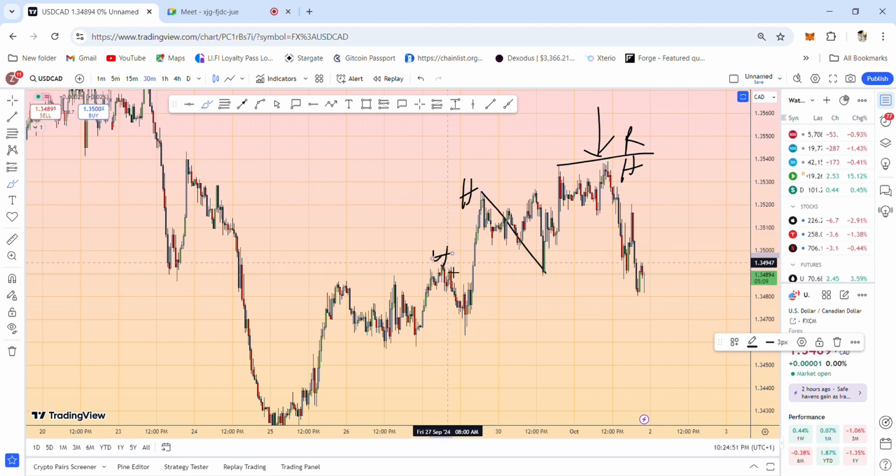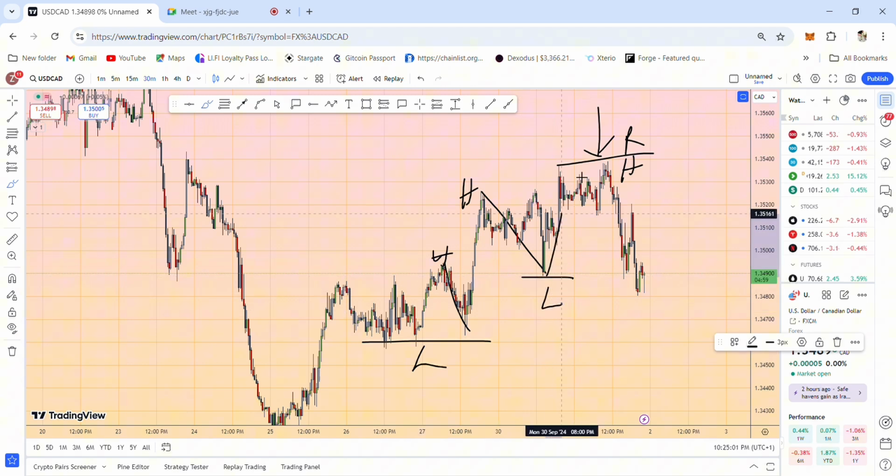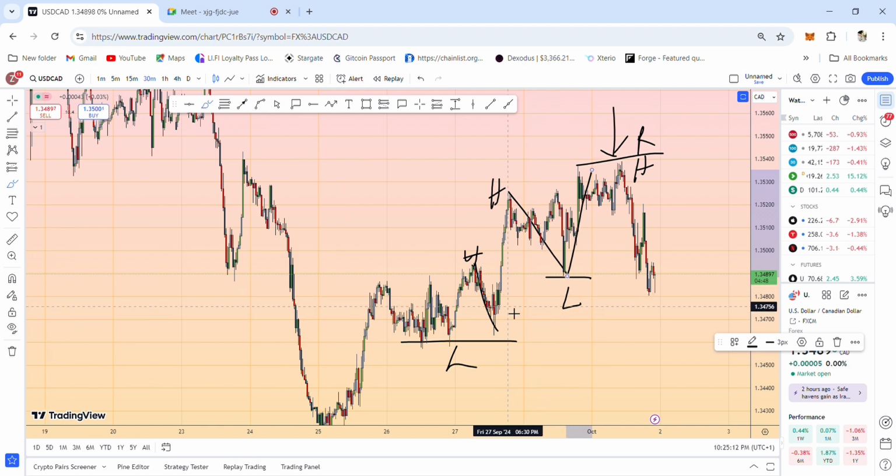This place is a high, price got rejected here. And this place is the low where price got accepted and moved up. So we see that highs and lows are also areas of support and resistance, right? Wherever I see that price is reacting, you know that area is an important area.